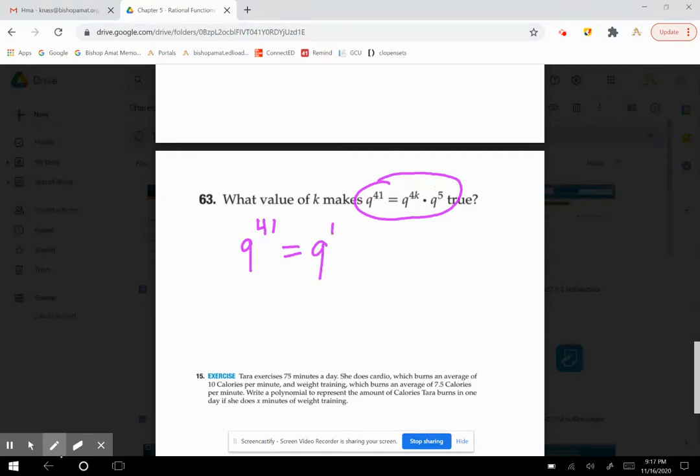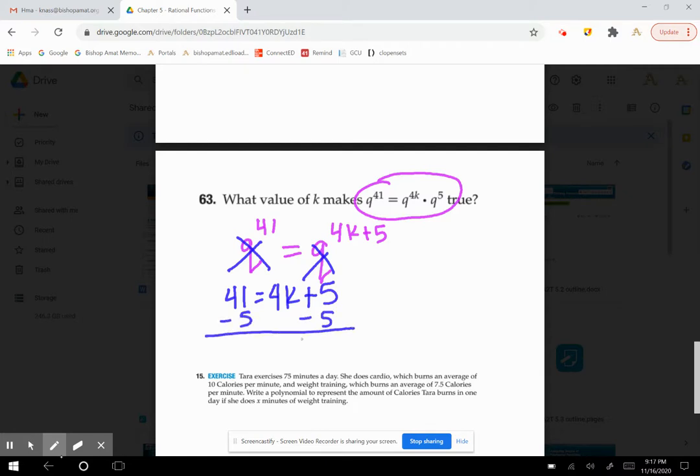You add them. 4k plus 5. And now that you have your bases are the same, what's nice is these can cancel. So you have 41 equals 4k plus 5. Subtract 5. 4k is equal to 36, and k is equal to 9.